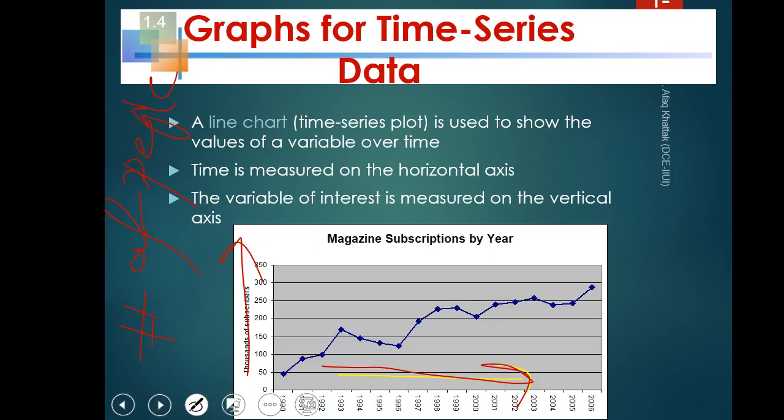For example, the GPA of a student across semesters: in the first, second, third, and fourth semester, the trend of the GPA may rise or fall. So the GPA is the parameter of interest, a variable showing its value over time.